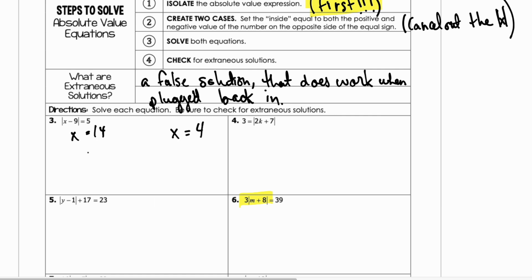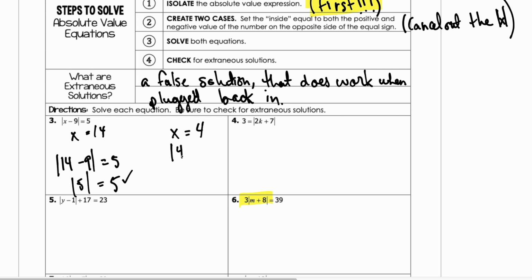All right, so I think that the first x is going to be 14, so I'm going to plug it back into the original equation. So I'm going to put the absolute value of 14 minus 9, we think it possibly equals 5. So 14 minus 9 is 5, and the absolute value of 5 is 5. So that checks out, that works. Let's try the next one.